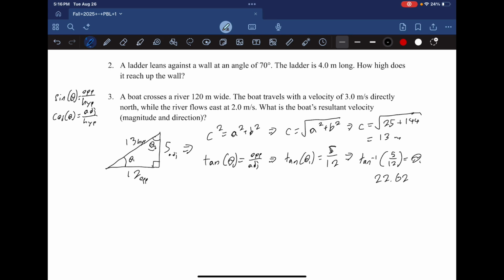So in this case, we already found one of these angles to be 22.62. So for the other angle, we can just do 90 minus 22.62, and this will equal our theta 2. I've already done this, but this gives us 67.38 degrees as our theta 2.